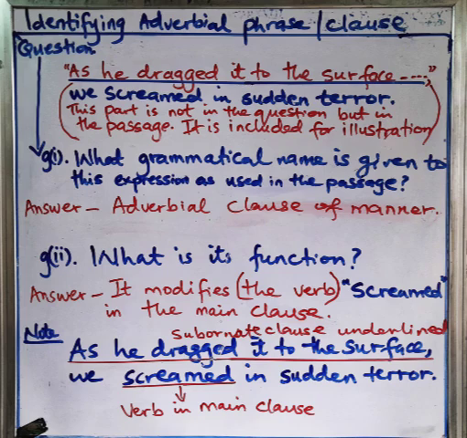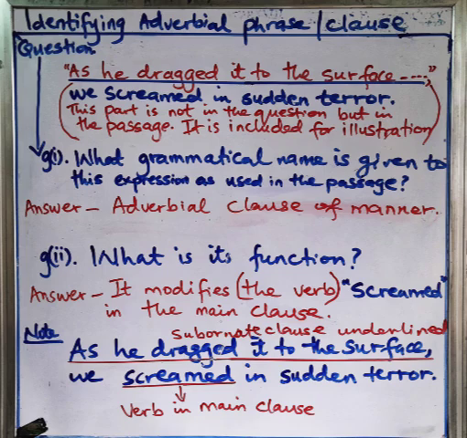The question usually asked comes in this form: State the grammatical name for the underlined expression as used in the passage. Like I told you before, the underlined expression there is as he dragged it to the surface.